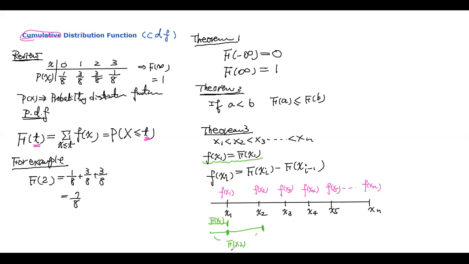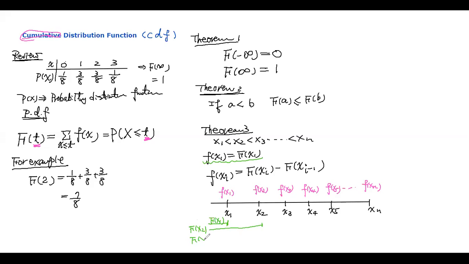Now the same way for the F of x3. I should make it a little bit bigger, maybe that would be better. So you can see here, the F of x2 goes to here. Now this is F of x2.